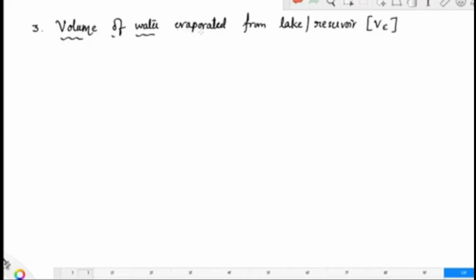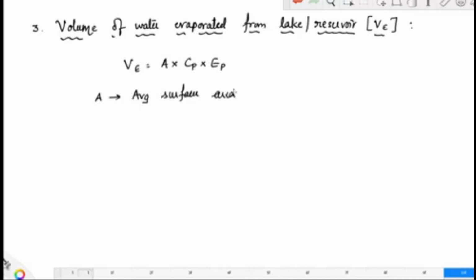So this is the third equation that is important, you have to remember. So volume of water evaporated is equal to area into Cp into Ep, where A is representing your average surface area, Cp is pan coefficient, Ep is your pan evaporation.